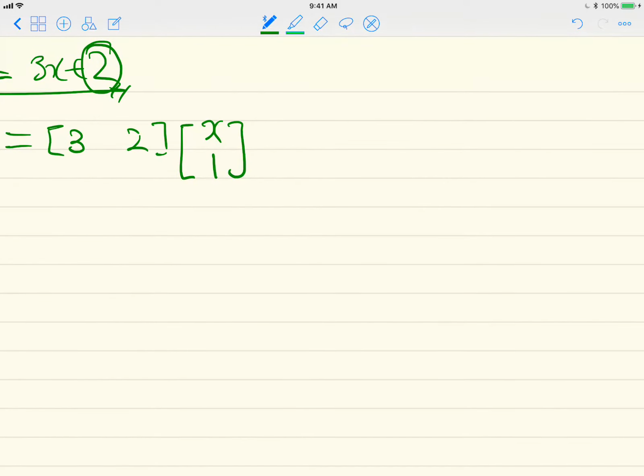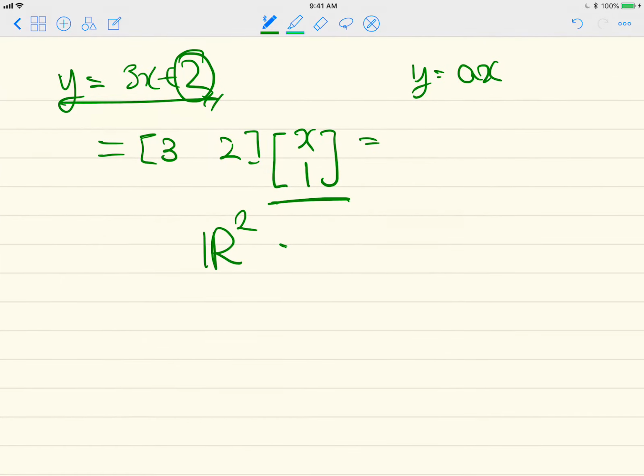Okay, so in this case, you guys know that ax is a particular form of a linear function in the case of scalar transformation. But now suppose our input or domain is not one-dimensional, but a two-dimensional space. In this case, what is the dimension of the codomain? It is a one-dimensional value, right?